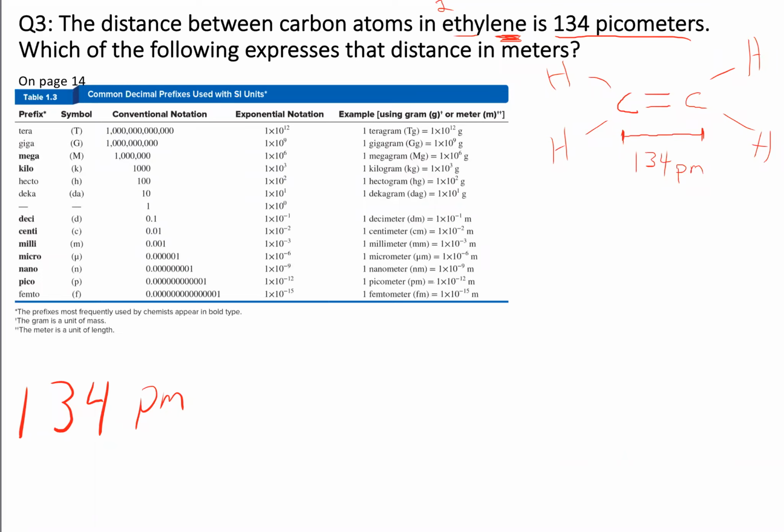Now, there's a couple things that I think you need to learn to get to that level of proficiency. One thing that you're going to need to learn is more or less this table or chart, which is on page 14 of your textbook, okay? And this particular table gives us some conversion factors, as we're going to call them in a second.